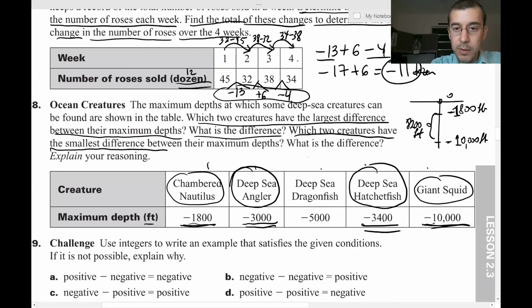The difference between them is just 400 feet. Because the difference here is 1,200, this is 2,000, this is 1,600, this is who knows what. So the smallest difference, the closest to each other, are these two creatures here, because their difference is just 400 feet.